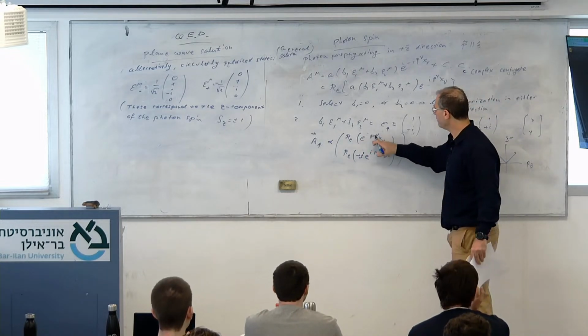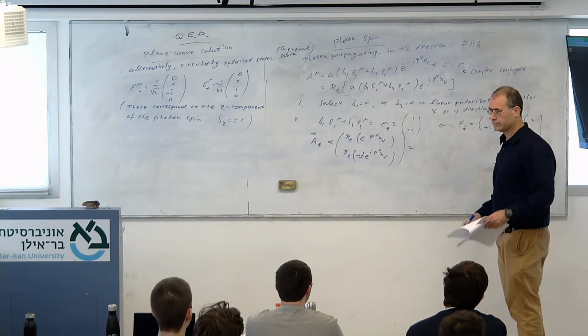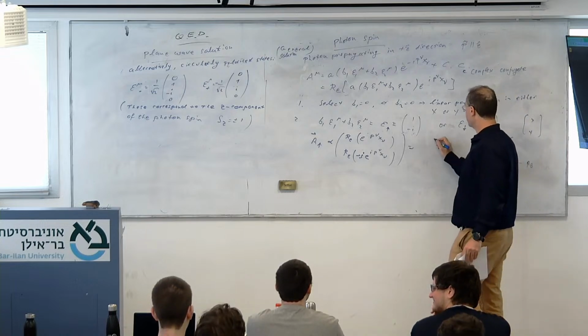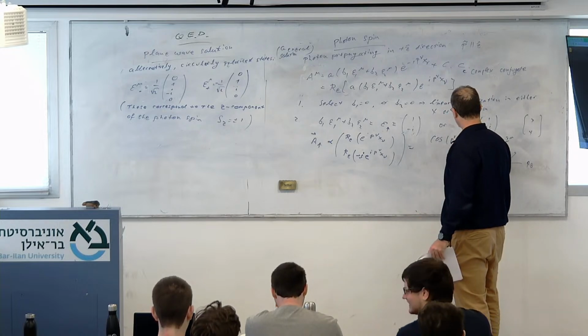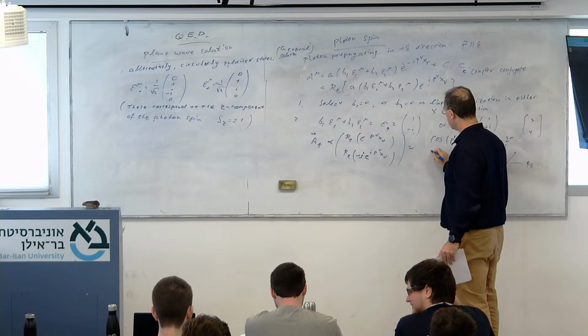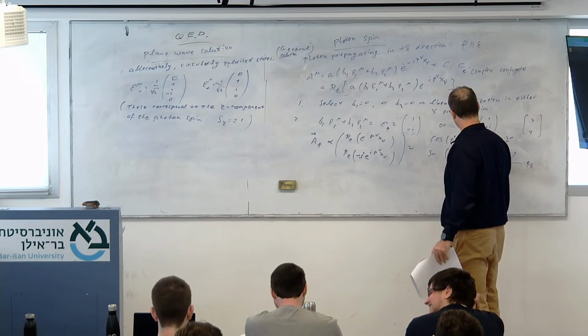What is the real part of e to the i p nu x nu? Cosine p nu x nu and sine p nu x nu.